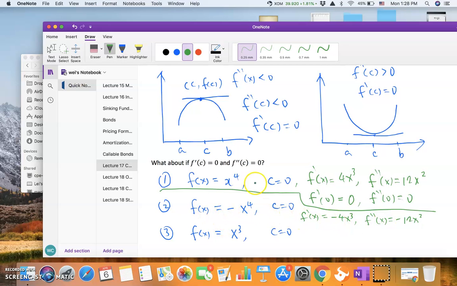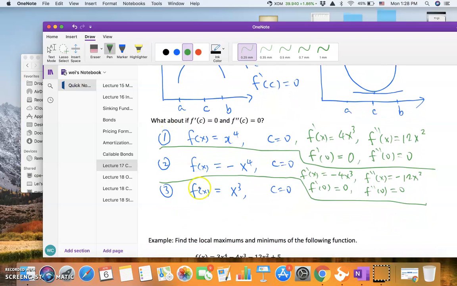And when x equals 0, its first derivative and second derivative are both 0. For the last function, the first derivative is 3x squared, and the second derivative is 6x.